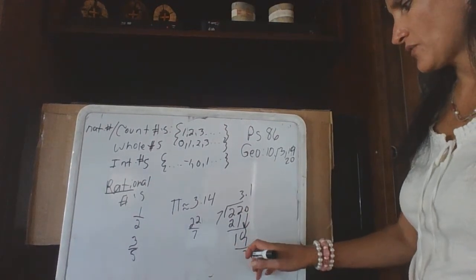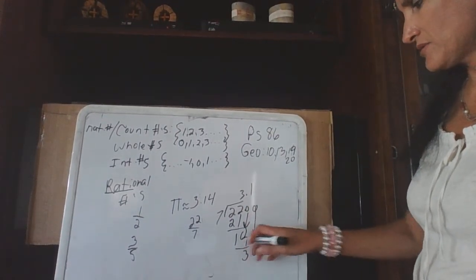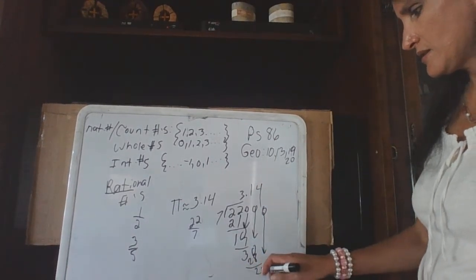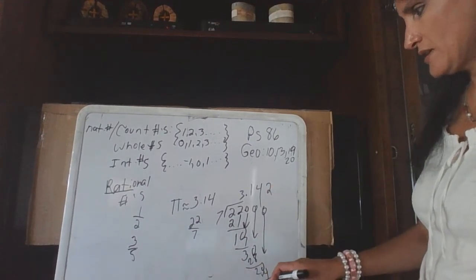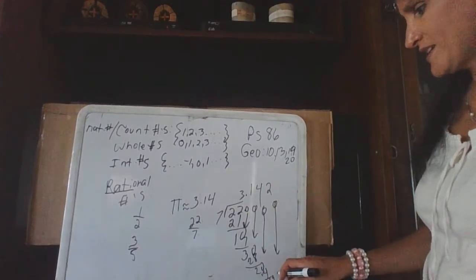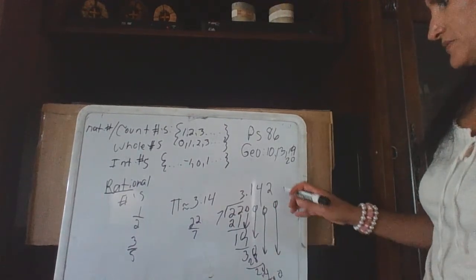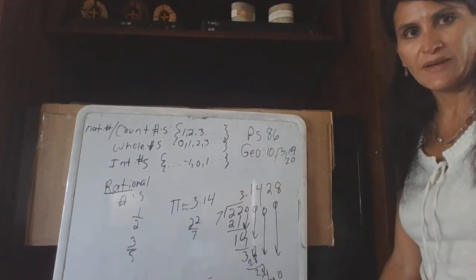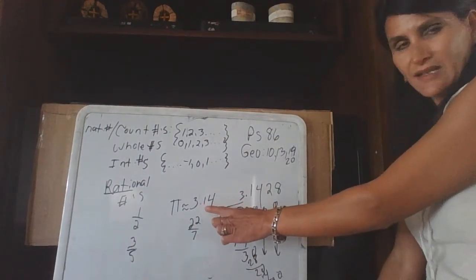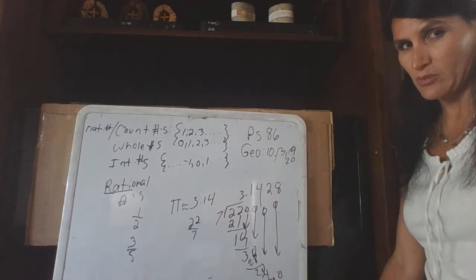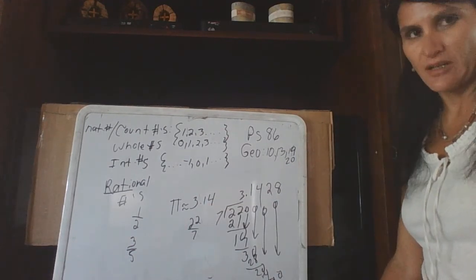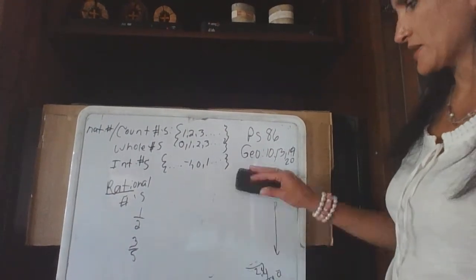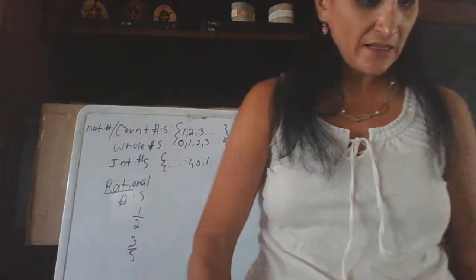It's going to be 3, 21, 1, 0, 7, 30, 28, 20, 14, 60, and you're going to see this is actually going to keep going for quite some time. It actually continues to go. So that means that 22 over 7 is not exactly equal to 3.14. They're about equal, but not exactly equal. It just continues to repeat itself, okay?